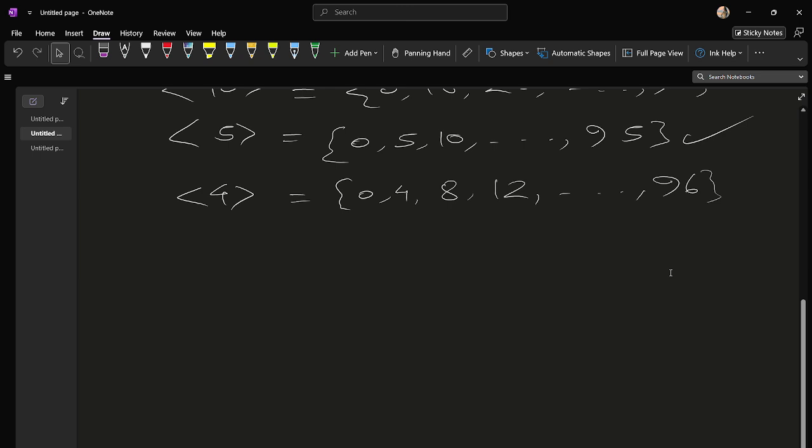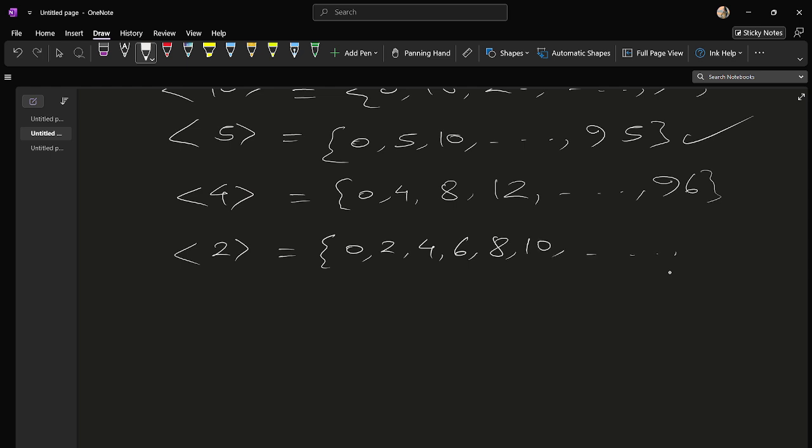After that, we get 100 by 50, the group generated by 2, that is 0, 2, 4, 6, 8, 10, up to 98. And the group generated by 1, that means 100 by 100, is Z100 itself. So this will also have 10.